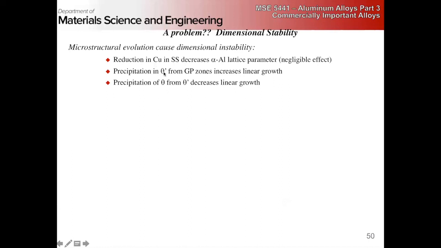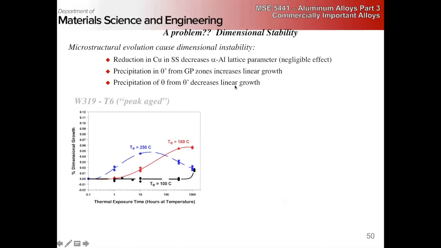So precipitation of theta prime from GP zones is going to cause an increase in growth, and then precipitation of theta from the theta prime is going to decrease growth.